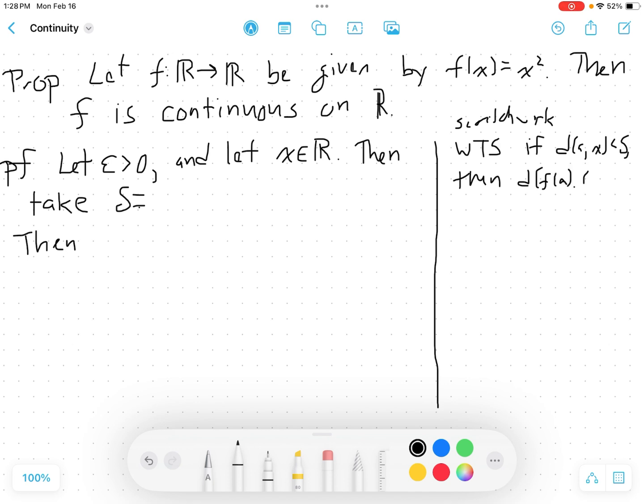So the distance from f of a to f of x is less than epsilon. Since this is an if-then statement, I can assume the if part of this. So we'll pick an a so that the distance between a and x is less than delta. We don't care about any other values of a.